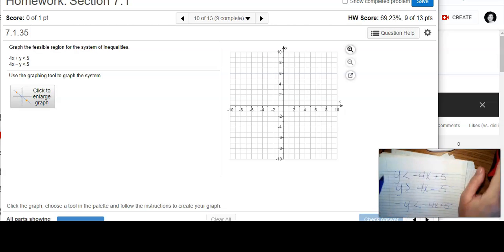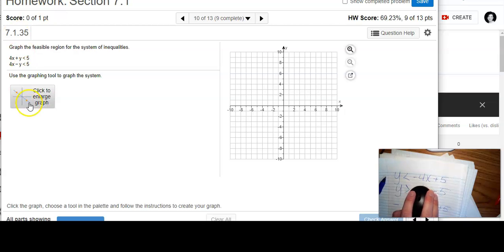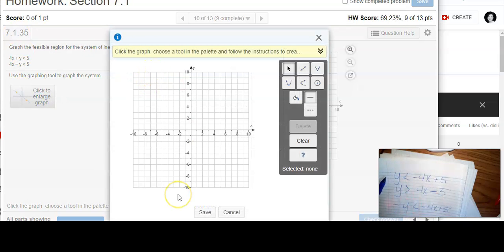So I can graph both of those lines. Again, for each one, all I did was subtract 4x. But on the bottom one, that left me with a negative y is less than negative 4x plus 5, so I changed all the signs and flipped my inequality. So my inequality is now greater than. The top one has a y-intercept at 5.